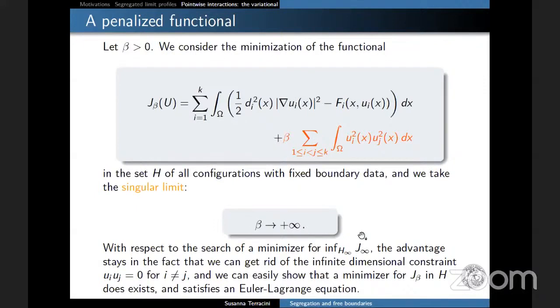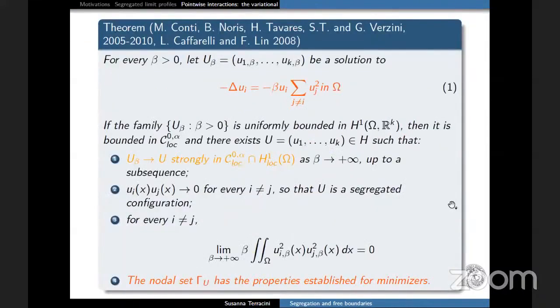And when beta goes to infinity, we can look at the limiting profiles and at the limit, minimization of the limiting functional.